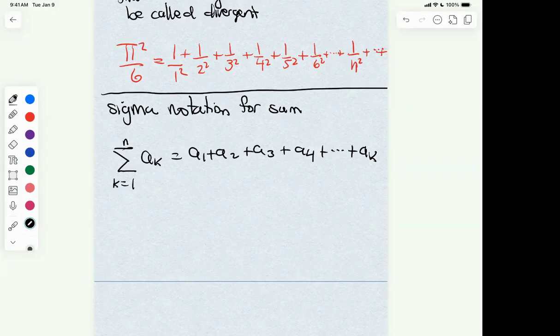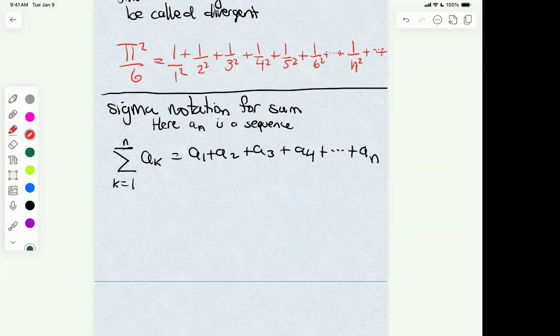Here A sub k is some sequence. And the idea is that this notation is just for adding the first few elements of that sequence together, the first n elements. Sorry, this should have finished at n.